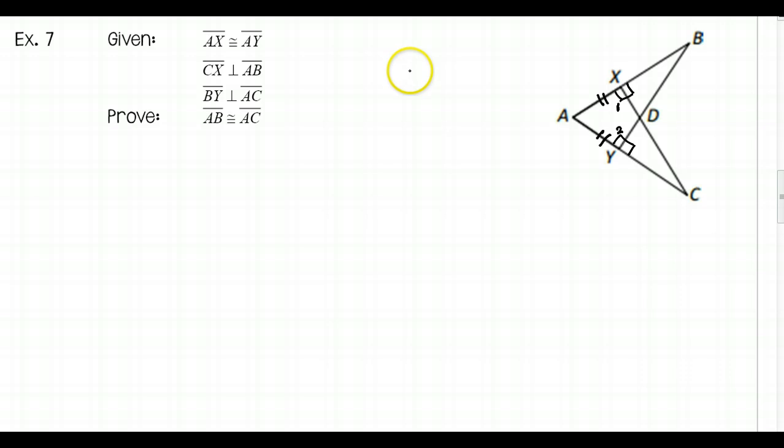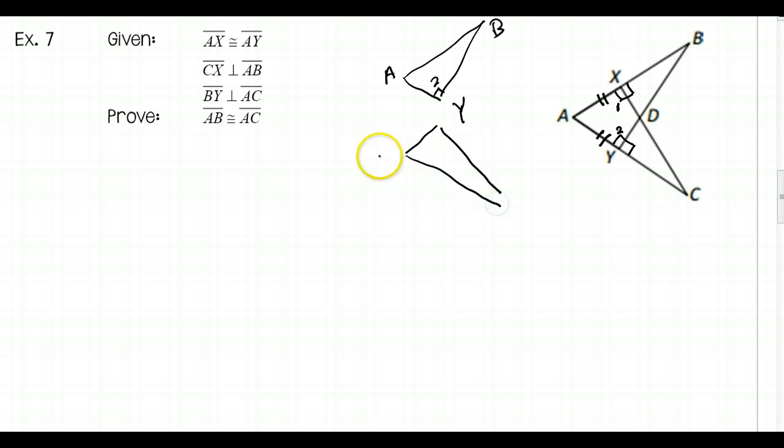And what I'm going to do is redraw them separately so it's a little more clear. So I've got the triangle on the top. This is triangle A, B, Y. And this is angle 2 in there, and I know it's a right angle. And then I've got the other triangle on the bottom. So this is A, so notice they have angle A. We can see they overlap over here too.